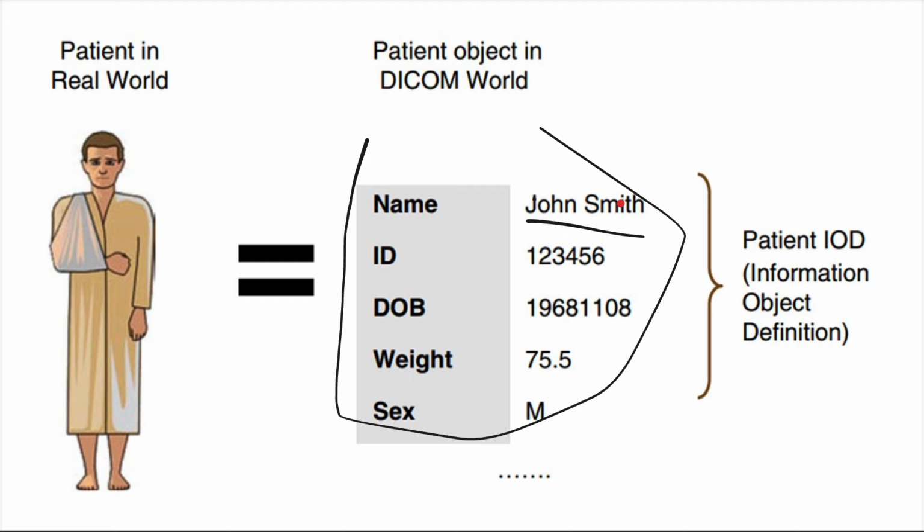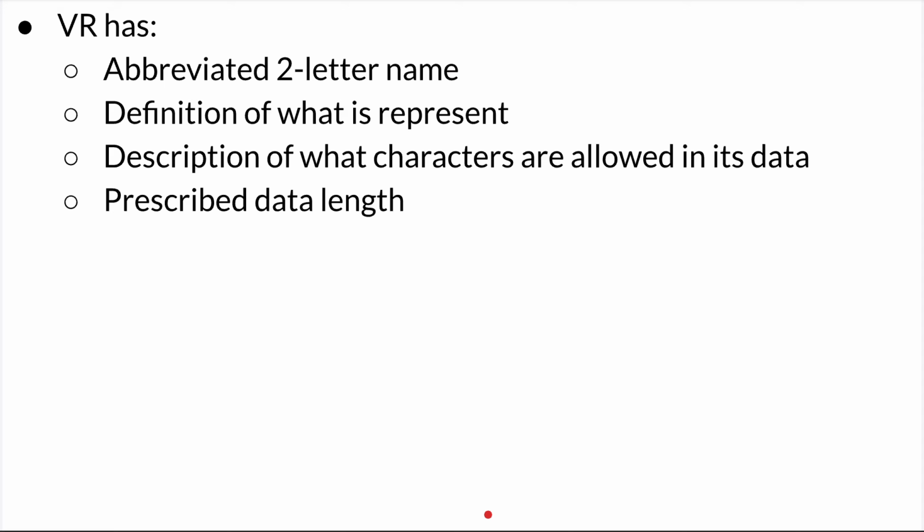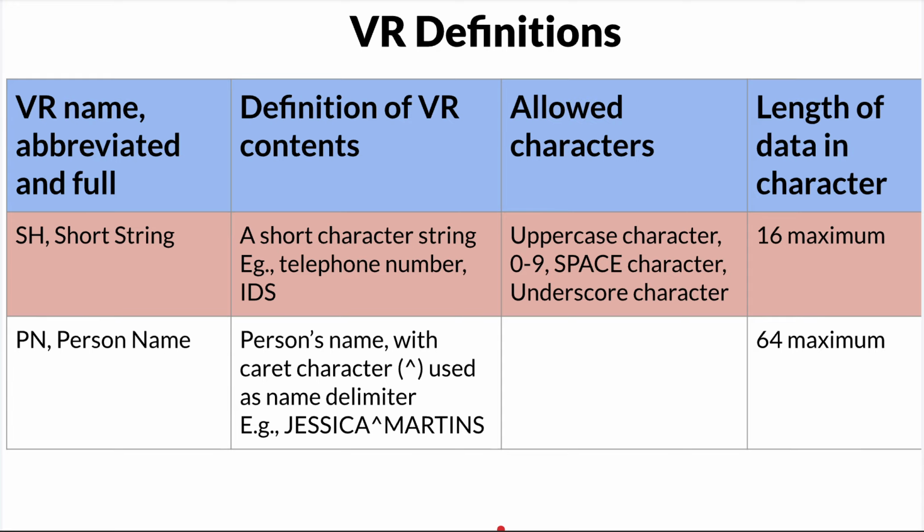It's like you are trying to build a database. Those of you who are into database systems understand this better. So here is the prescribed data length. Then a description of what characters are allowed in the data. Then also specify your data type.